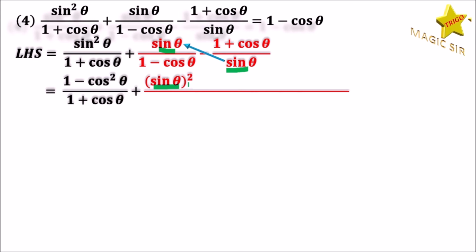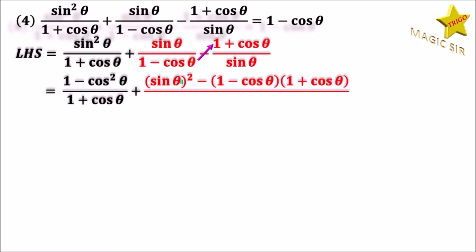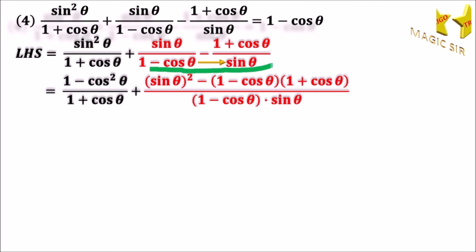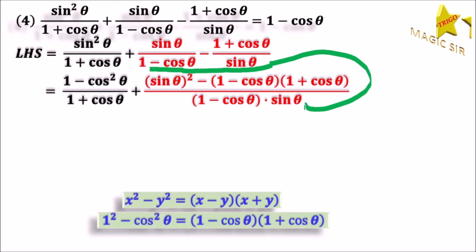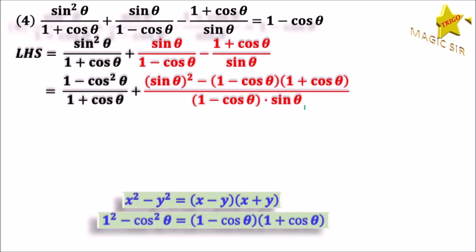Here sin theta into sin theta equal to sin theta whole square. Look at the pink arrow. We have 1 minus cos theta into 1 plus cos theta, and the denominator is 1 minus cos theta into sin theta. But we know that x square minus y square is equal to x minus y into x plus y.